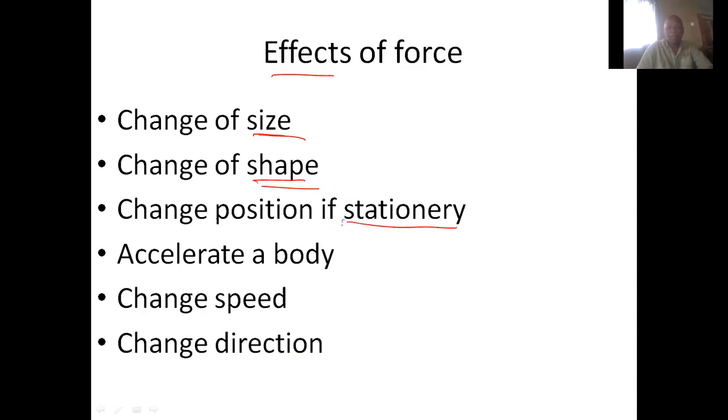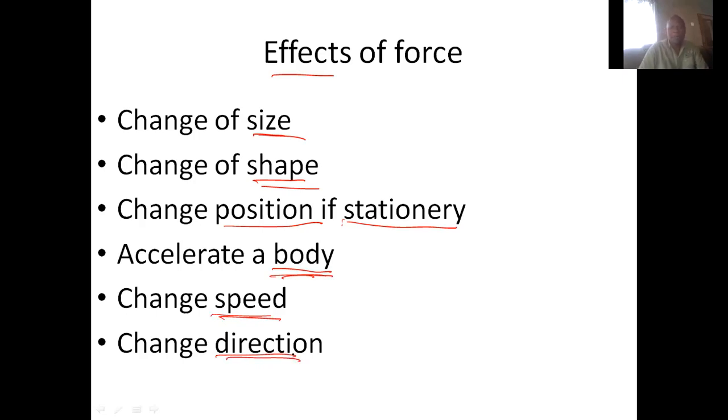If it was stationary or at rest, it might start moving. Or if it was already moving, it can increase its speed and therefore attain acceleration. Also, it can change the speed. It can also change the direction.